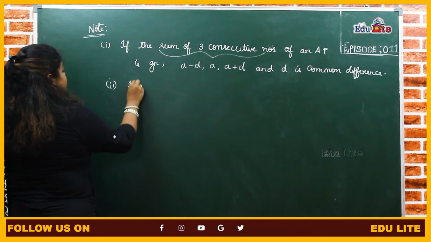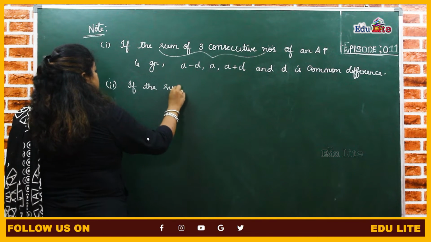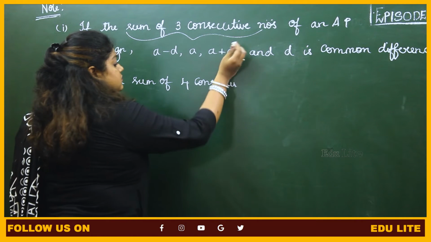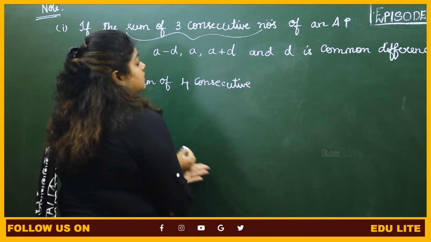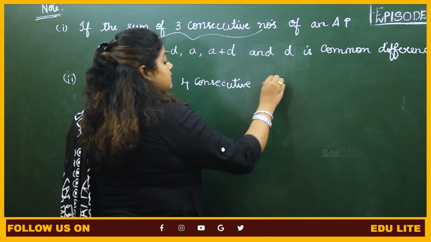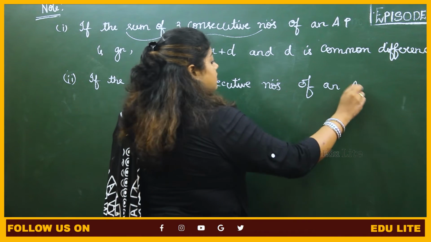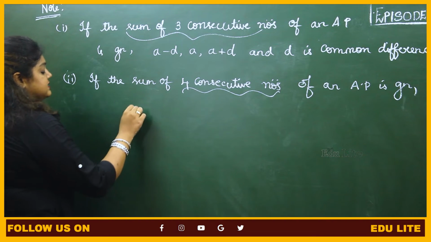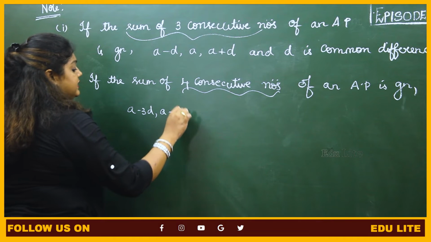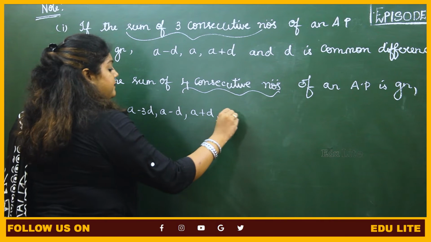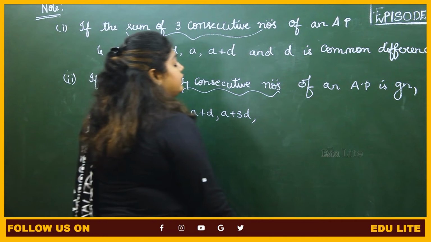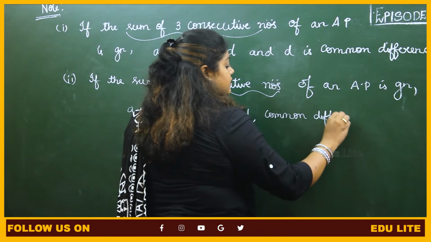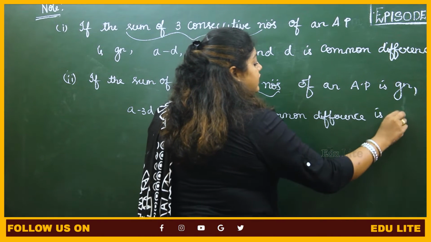Similarly, if the sum of 4 consecutive numbers of an AP is given, then we can take the 4 consecutive numbers as a minus 3d, a minus d, a plus d, a plus 3d, whereas the common difference is 2d.